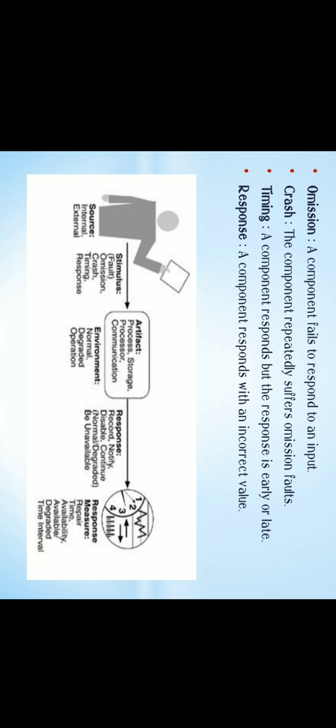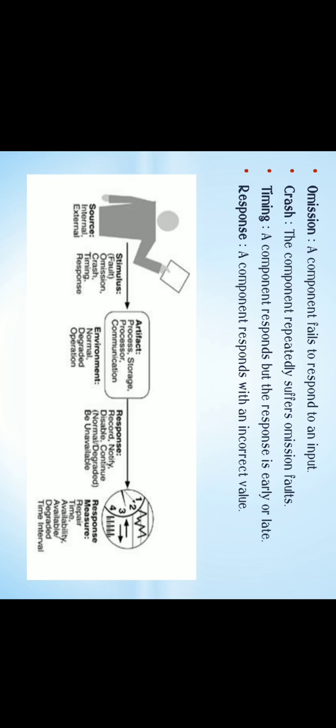This means that when a particular system is being used, it has to be available all the time. In one line, we can say the system must be available whenever the user or the stakeholder requires it and they can use it.